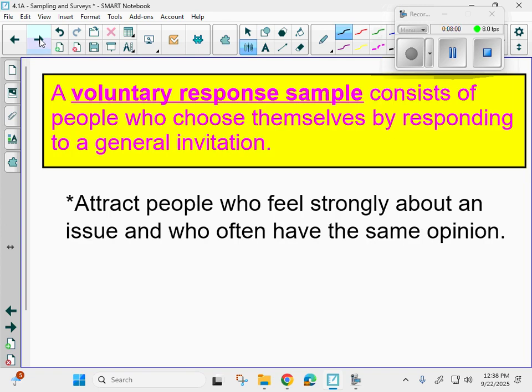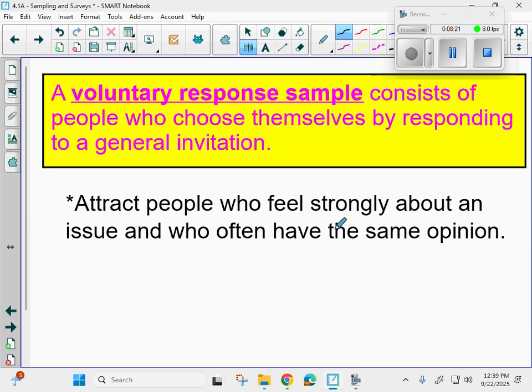A voluntary response sample consists of people who choose themselves by responding to a general invitation. So if I put up on my Snapchat, hey, how much homework did you do last night? And only the people who care respond, that's going to be a problem.